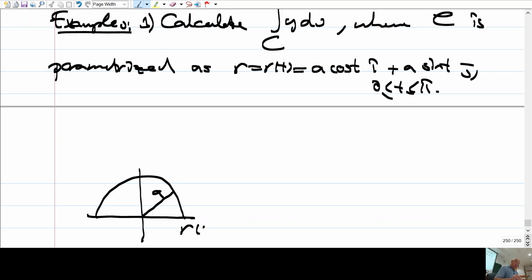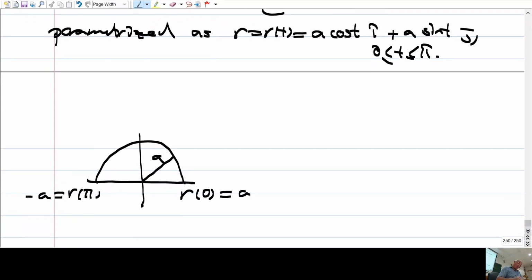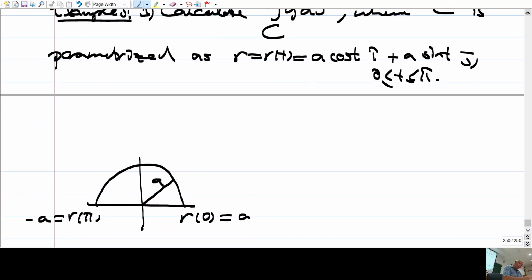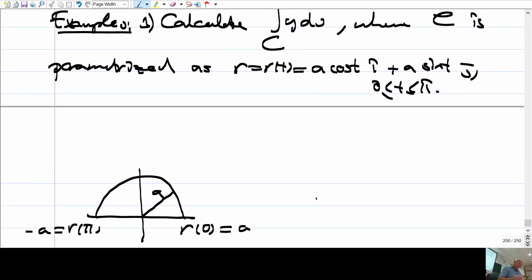This is r(0), which is just a, and this is r(pi), which is minus a. So this is just a semicircle, and we are asked to compute this integral.